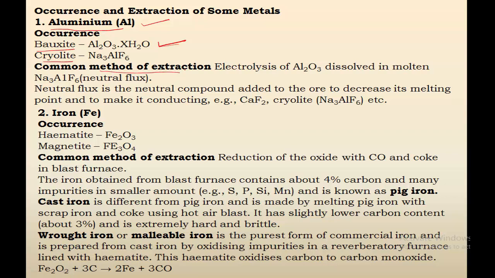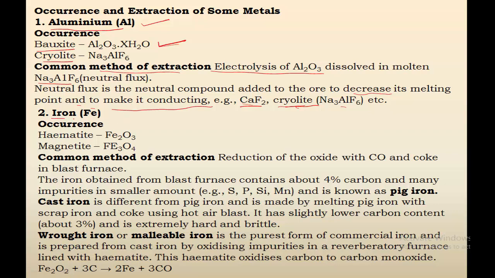The common method of extraction is electrolysis of aluminum oxide, that is alumina, dissolved in Na3AlF6, that is cryolite, which is a neutral flux, and it is added to the ore to decrease its melting point and to make it conducting. Remember this. Examples of neutral flux are CaF2, calcium fluoride, and cryolite. These are added in order to decrease the melting point and to make it conducting.